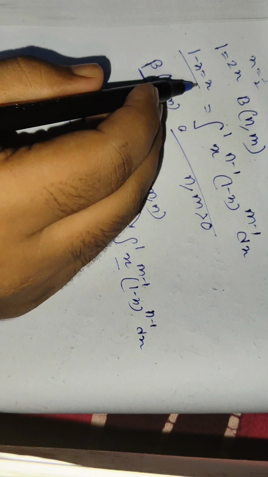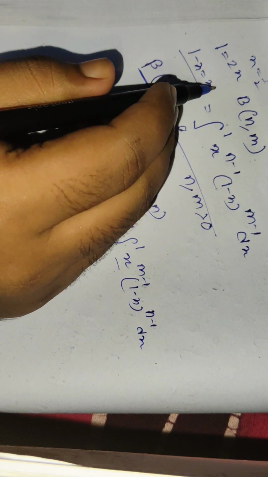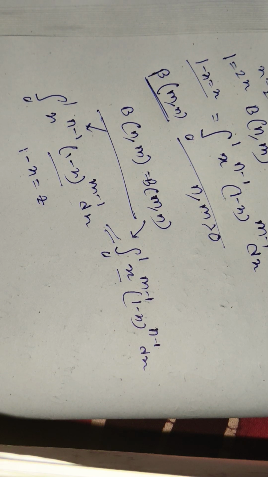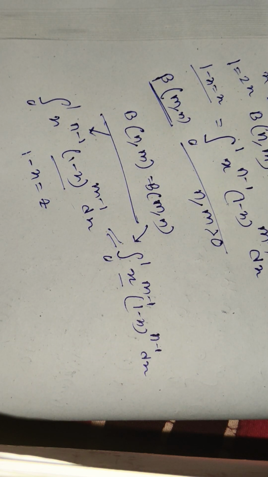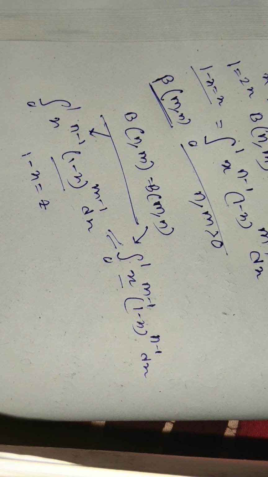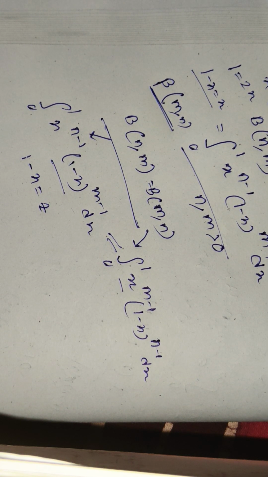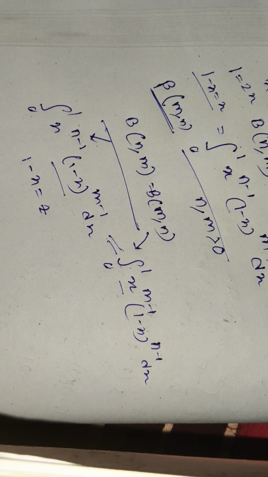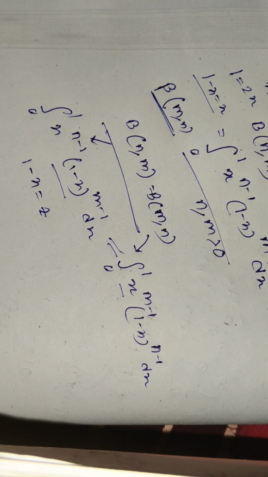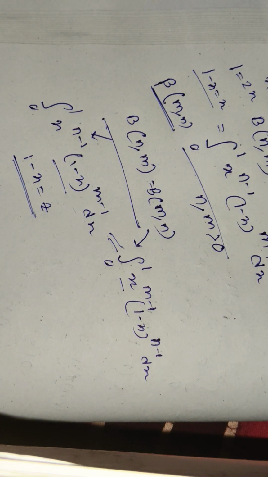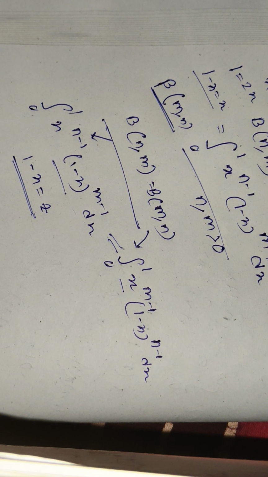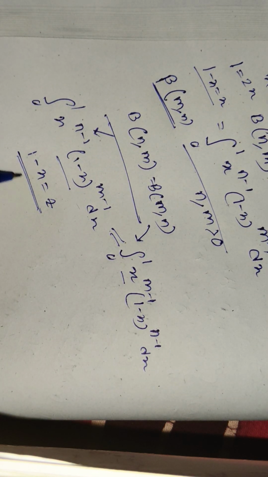If we put x equals half, then we will get something like that. So you can put this, but basically you should not do this. In the end of the day, we will take z equals 1 minus x.